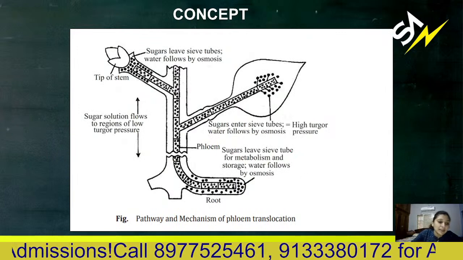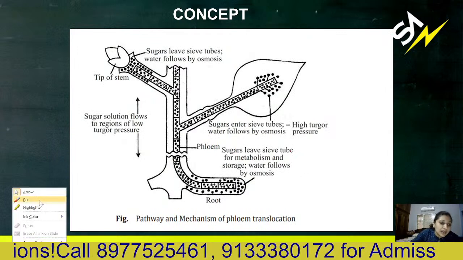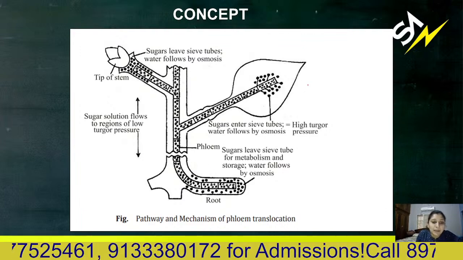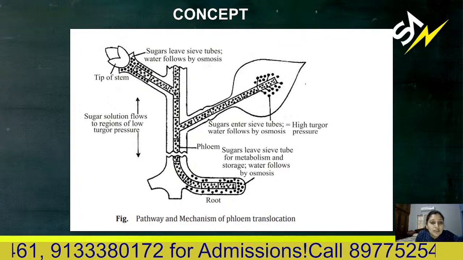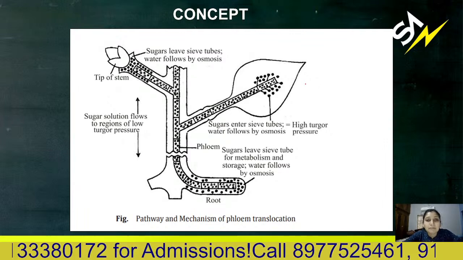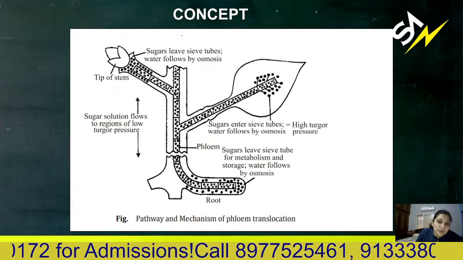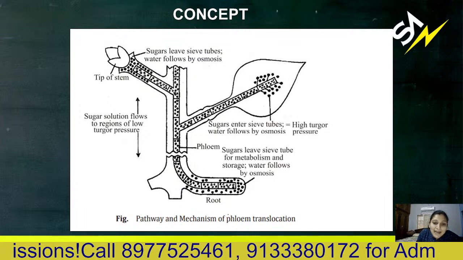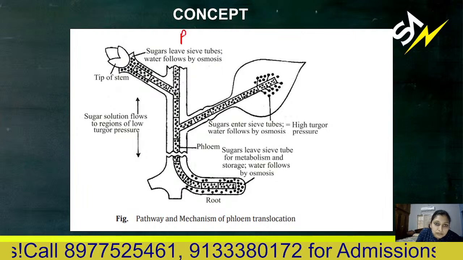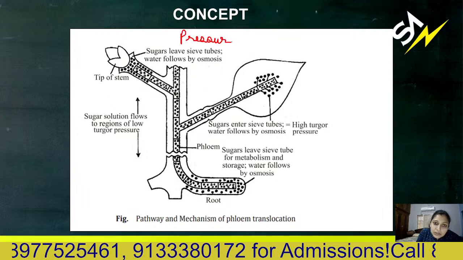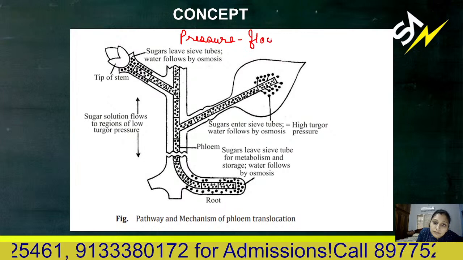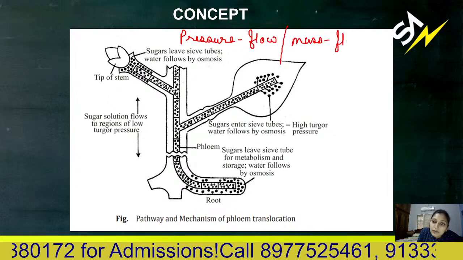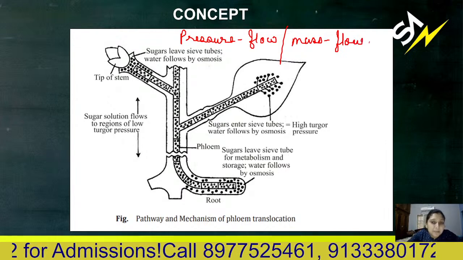Then the final thing in this chapter is food transportation. For that, NCERT has given us this diagram showing the pressure flow, mass flow mechanism, or pressure flow, mass flow hypothesis. So what happens here?